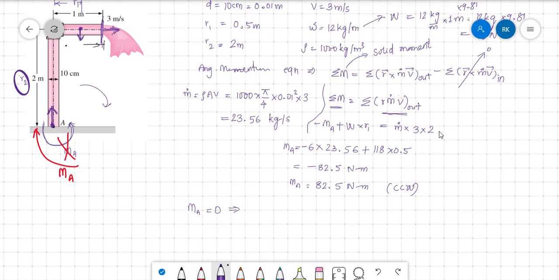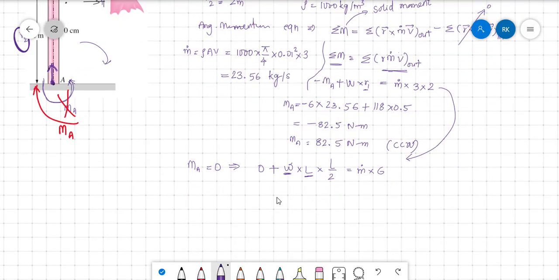So substituting this, MA is equal to 0, 0 plus W. W is w into L. This is weight per unit length, and how much length should be maintained is L. W into L. What is R1? R1 is length of the pipe divided by 2. Center of gravity will be length of the pipe divided by 2. That is equal to m dot into 6.